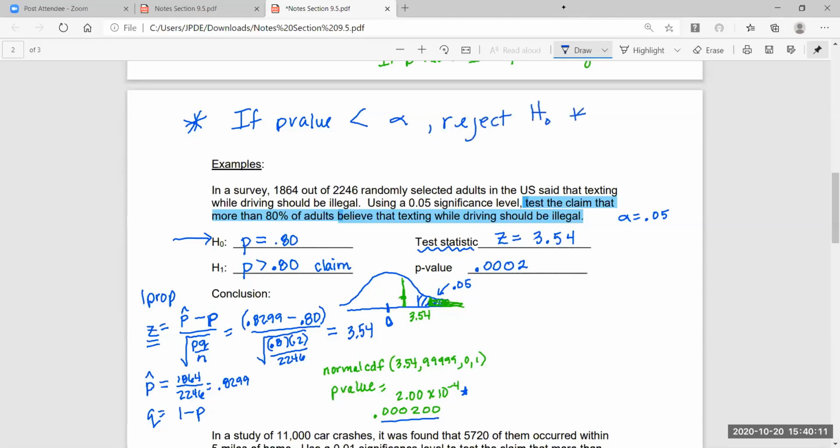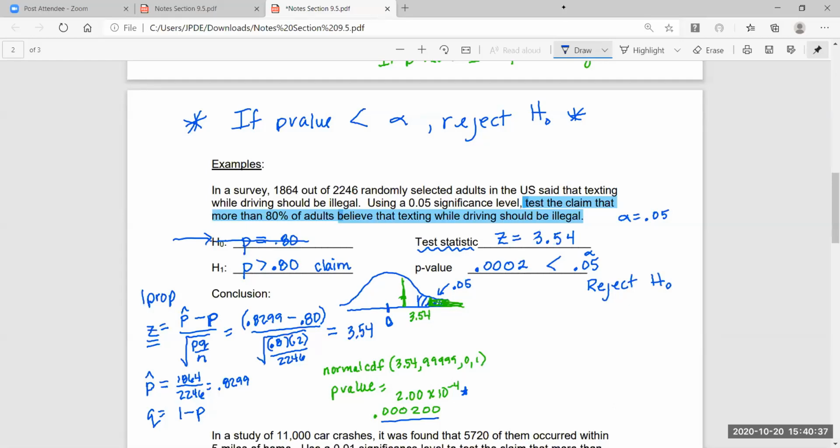And this is something you may want to put on the top of your paper as you're doing your work too, so you can reference it. Our alpha in the problem was 0.05. That's alpha. This is definitely smaller than that. So we're going to reject our null hypothesis.